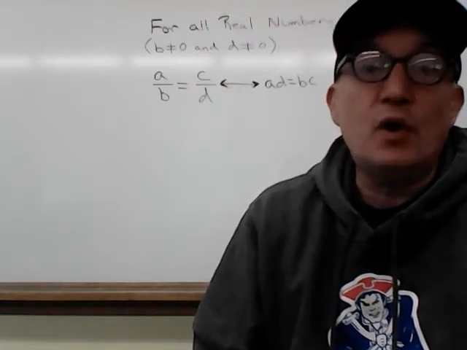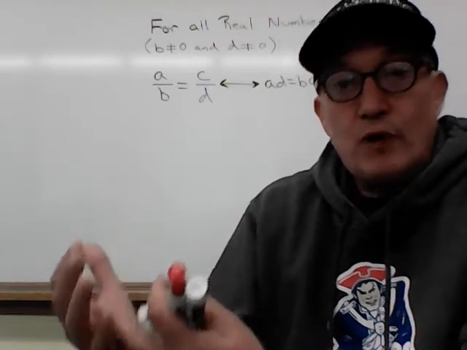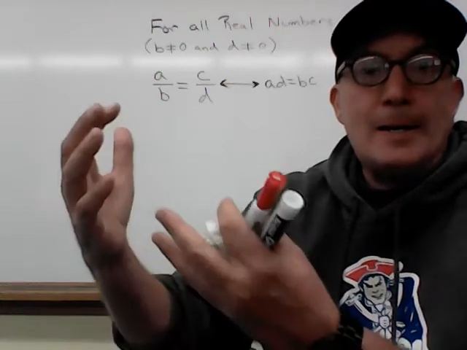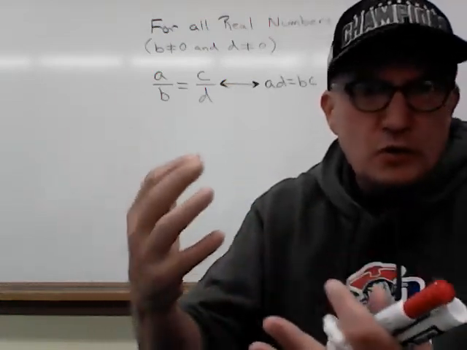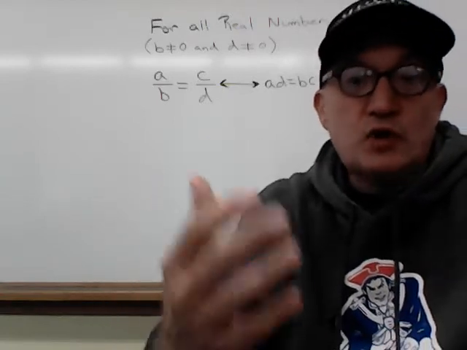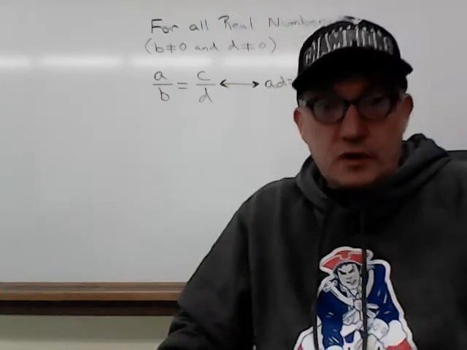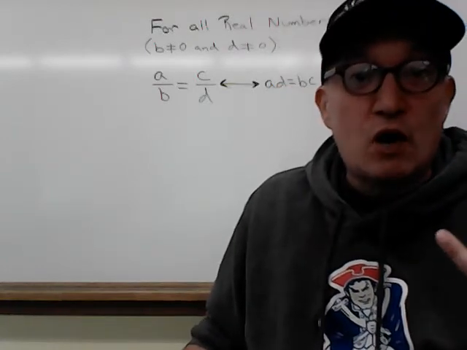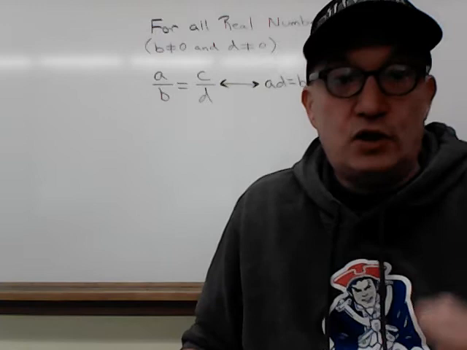Some vocabulary words. We have ratios, two equal ratios. You can think of ratios, if you'd like, as fractions. They are pretty much the same. Of course, we've used the concept of a ratio to define rational numbers. Rational numbers are numbers which are ratios of integers.